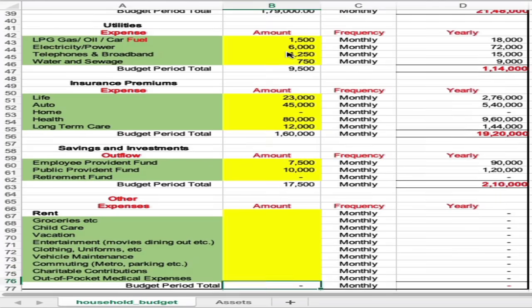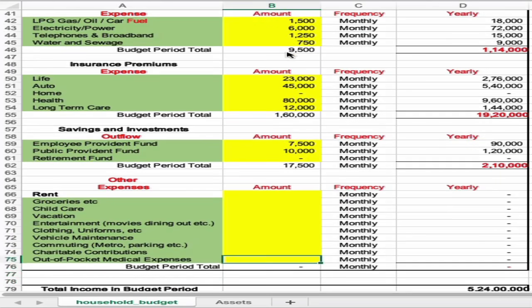Then you come to rent. The rental expenses are a significant portion, and you are staying in a swanky apartment, so 1,25,000. Then you come to groceries. Let's say per month it comes to 30,000 rupees a month.